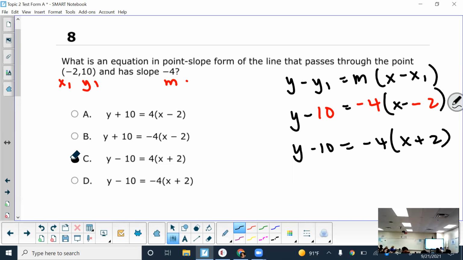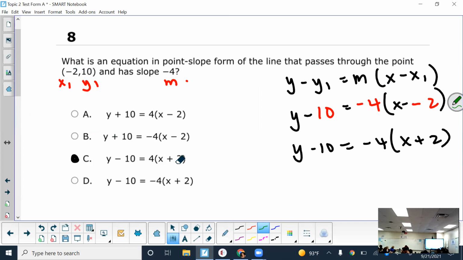Yes. Why is it x plus 2? So when I plug in the -2, x1 is supposed to be -2. The formula is supposed to be x minus x1, so it's x minus a -2. That changes the sign. If it's easy for you to remember it this way, the signs are always opposite for the point in the formula.